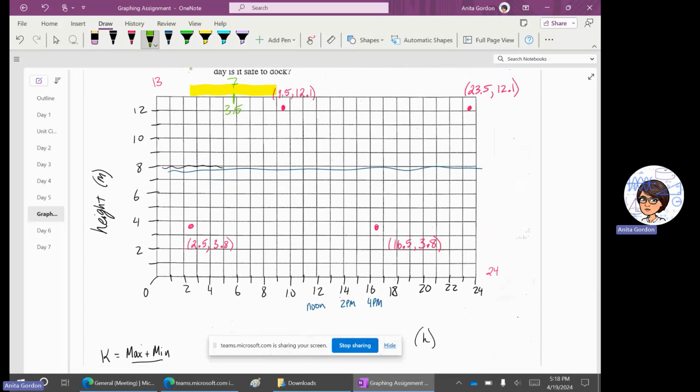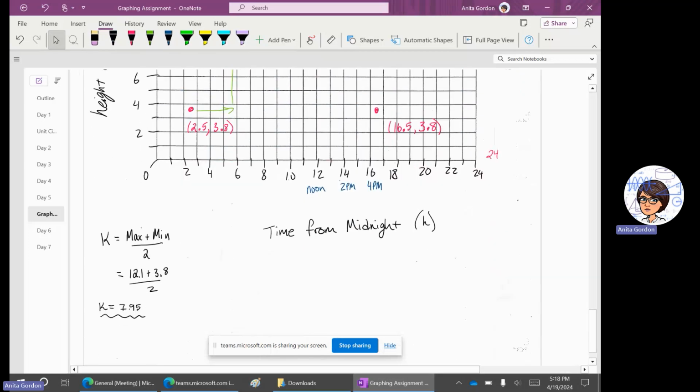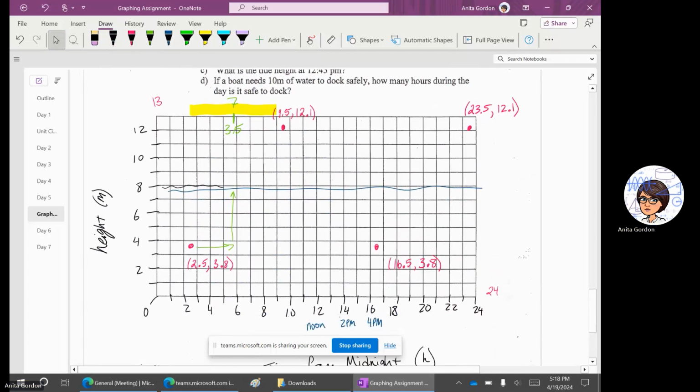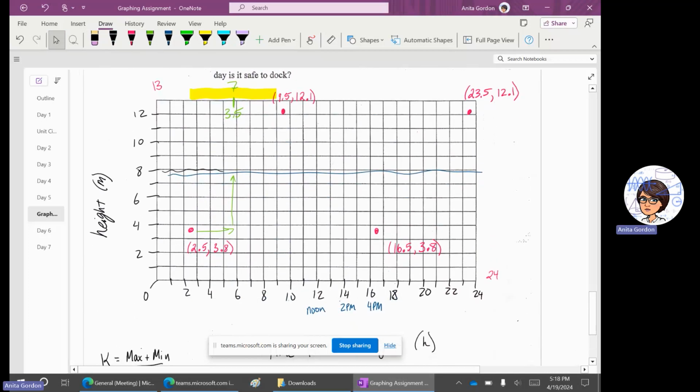So 3.5 hours after 2.5, I'm going to have a middle height of 7.95, which I got down here. So I'm going to take 2.5 and add 3.5. That says 6 hours. 6 hours after midnight, I am going to be at halfway between high and low tide. So 6 hours, 7.95. I'm going to write that as a coordinate.